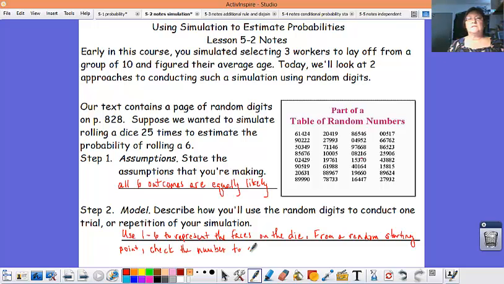So we want to see if it's in the numbers 1 through 6. If so, you've got your first number. If not, move to the next digit and repeat until you do get your first number.